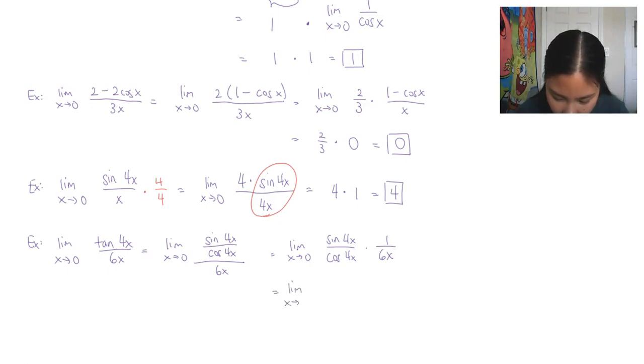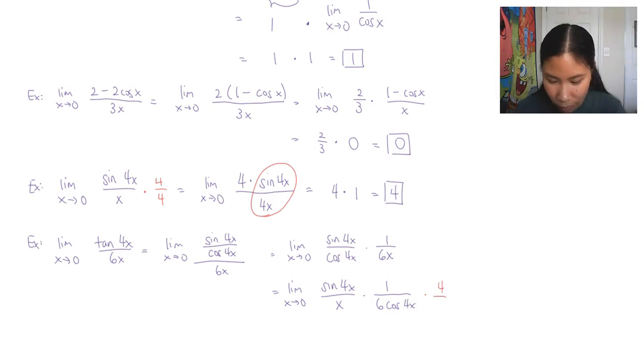So let's rewrite this. I'm going to start by splitting up that 6x into sine of 4x over x. I'm putting the x from the 6x underneath, and then I'll multiply the 6 along with the cosine 4x. That was all on the bottom. This sine of 4x over x looks like what we just did with the previous problem. So I'm going to multiply everything by 1, because 4 over 4 is just 1.